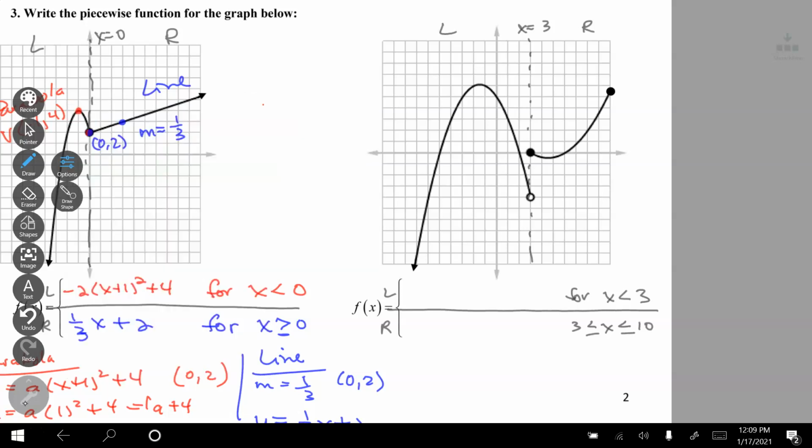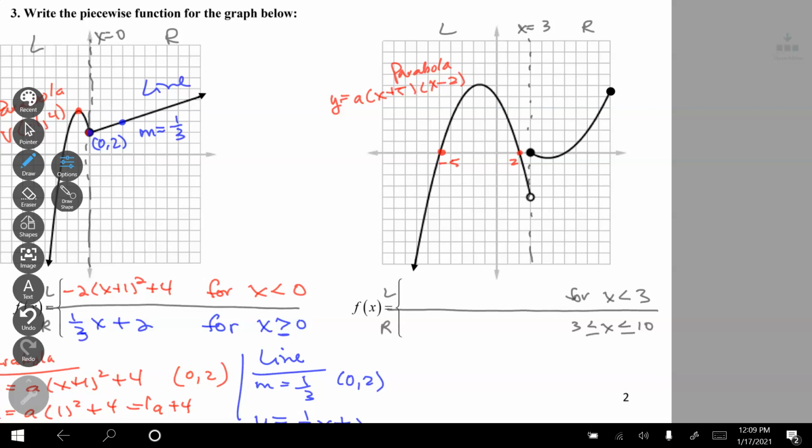Well, this left piece is a parabola, and I don't think I have a good clean vertex, but I do have nice clean x-intercepts. So my x-intercepts are 2 and negative 5. So I could do y equals a(x + 5)(x - 2) by using my factored x-intercept form.